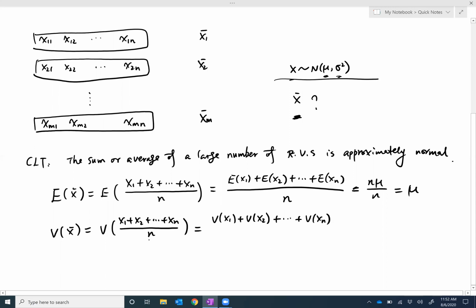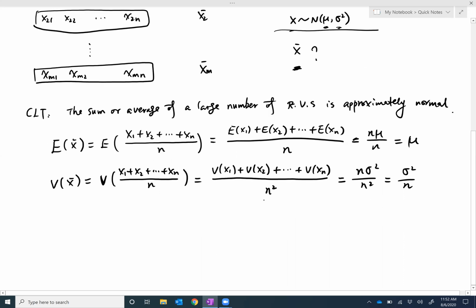But we take this constant, 1 over n, out of the variance sign, and we have to square it. This equals n sigma square divided by n square, which equals sigma square over n. Why does this become n squared? Because for variance, if you multiply a random variable by a constant c, this equals c squared times the variance of x.